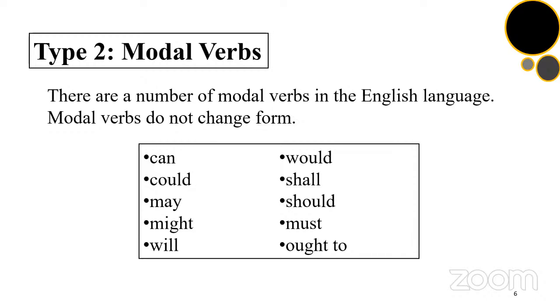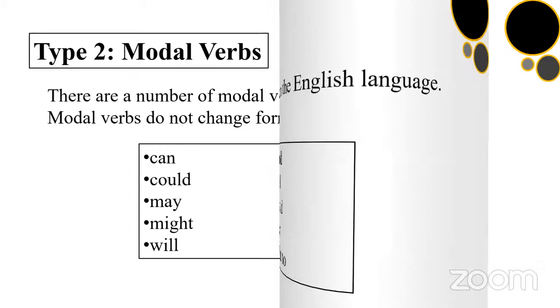It is not an example. It is the list of words that has been put under modal verbs. Okay, ma'am. Ought to. Fine. Yes, ma'am. We will be seeing that, because we are going to deal with it in detail. We have already seen this.